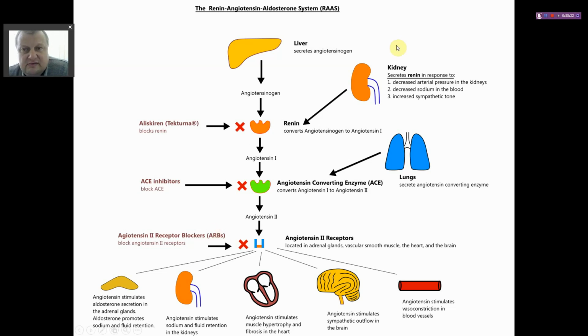And as you could see, the signal for renin secretion by the kidneys could be, for example, the decreased arterial pressure in the kidneys at first. It could be the decreased sodium in the blood, and it also could be increased sympathetic tone.